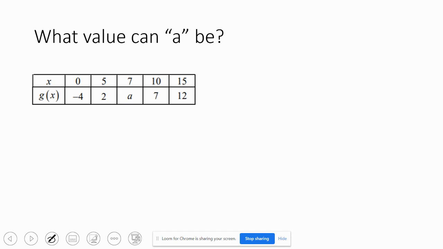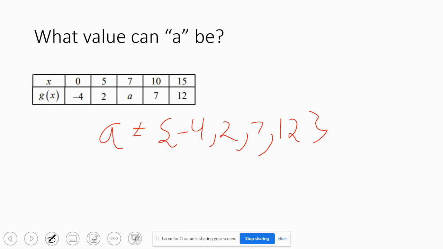Okay, so sometimes they'll ask you what value a can be. Well, since a cannot be a repeat, let's say what a cannot be. A cannot be the following four numbers: -4, 2, 7, or 12. A cannot be any of these numbers. It could be anything but these four numbers.